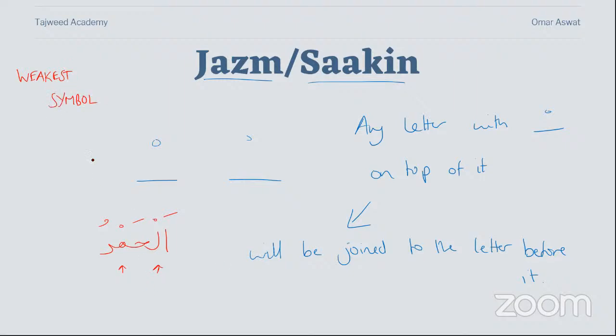Another example, ul, joining to the letter before. That's all you need to know for jazm sakin. It'll always be found on top of a letter, and if it is found, it'll be joined to the letter before it.